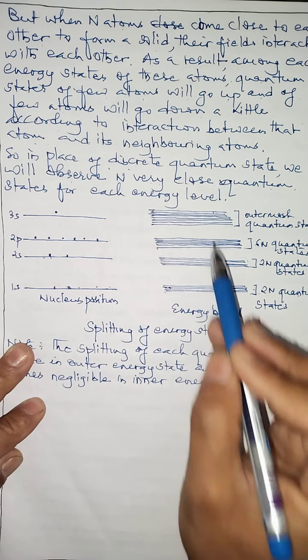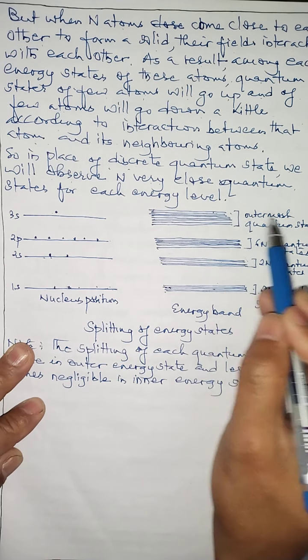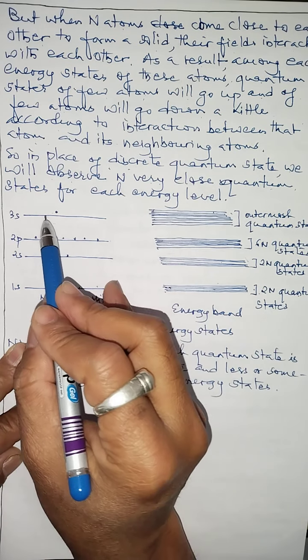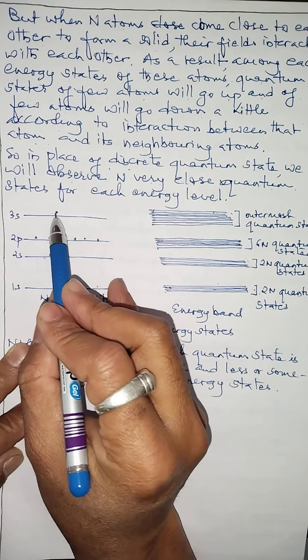And in the last orbit, the outermost quantum state is acquired by n electrons, because the last orbit has 1 electron.